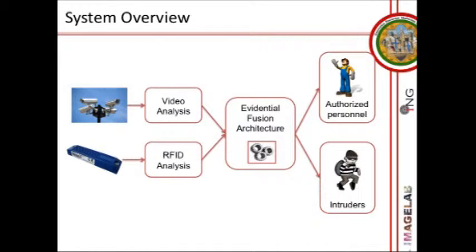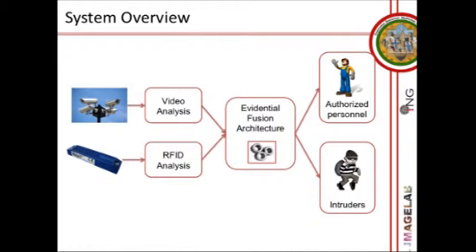So this is an overview of the system. The video analysis module takes the data from the cameras and provides the tracking information, the identifier of the person and his position. The RFID analysis system takes the data from the RFIDs and provides its identifier and its signal strength.